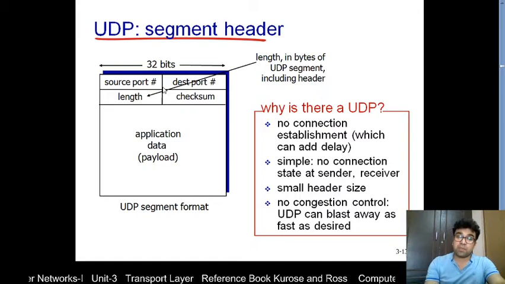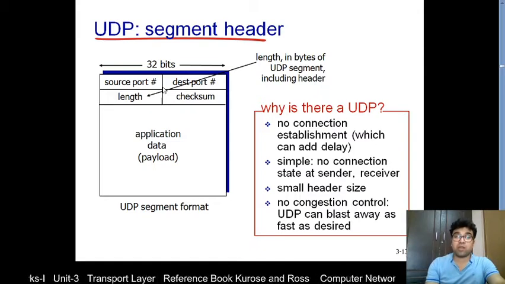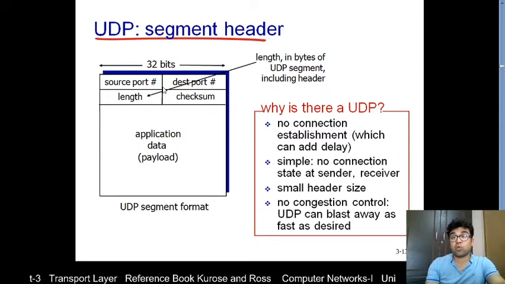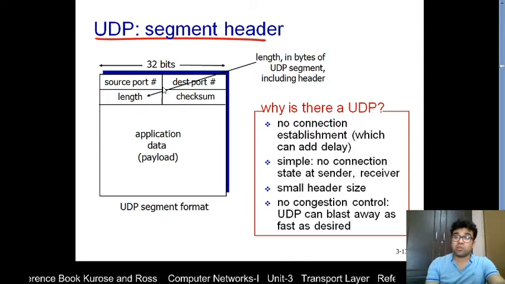And the next service provided by the transport layer is connection oriented and reliable service provided by TCP, transmission control protocol. So in the next lecture we'll start designing a reliable protocol, and after one or two lectures we'll discuss the TCP protocol in detail.